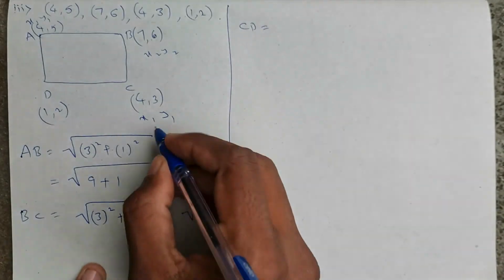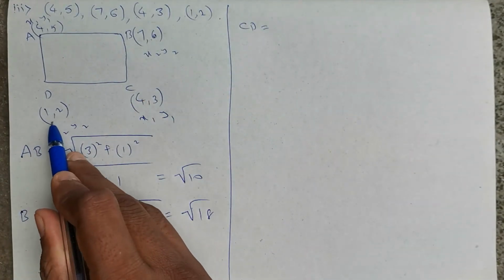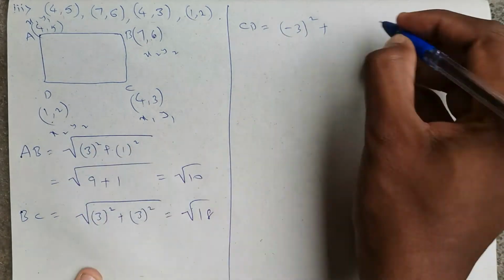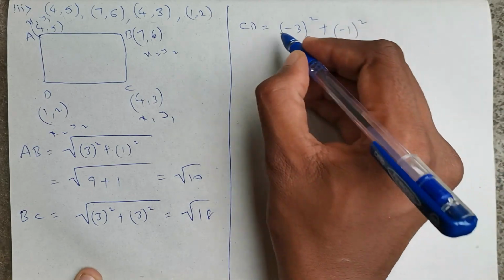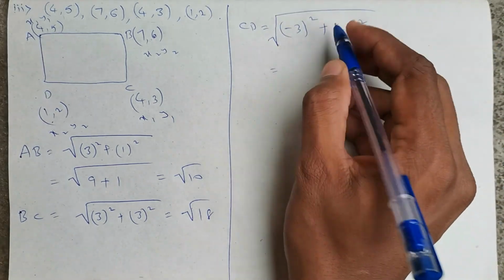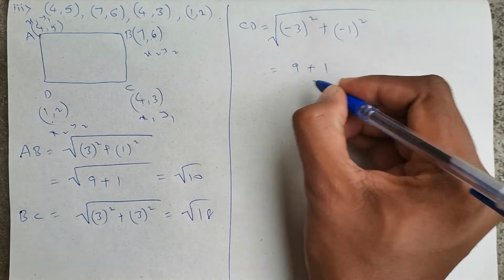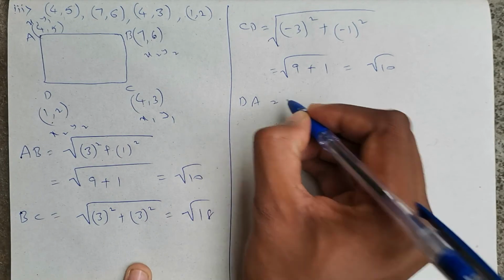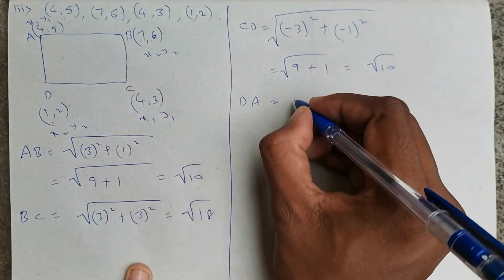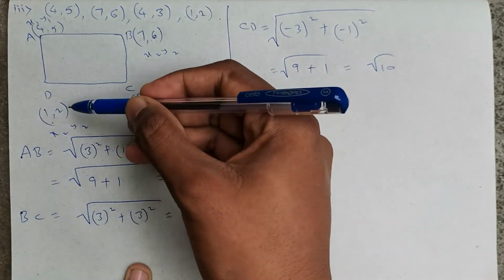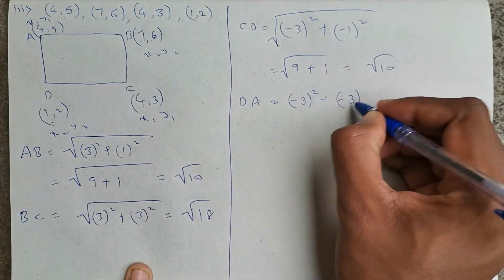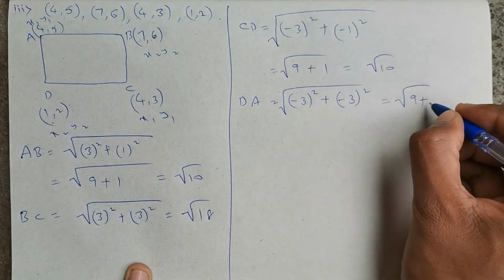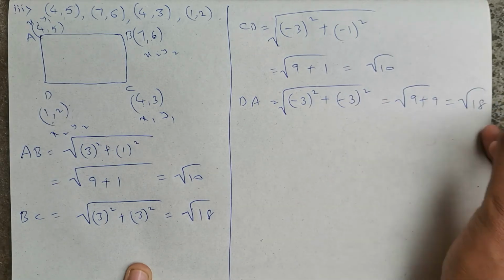CD is equal to, this I am taking as x2 y2, 1 minus 4, minus 3 whole square, plus 2 minus 3, minus 1 whole square, under root, which is equal to minus 3 square 9 plus minus 1 square 1, which is equal to root 10. Then DA I am finding: 1 minus 4, minus 3 whole square, plus 2 minus 5, minus 3 whole square, which is equal to minus 3 square 9 plus minus 3 square 9, root 9 plus root 9, 18.